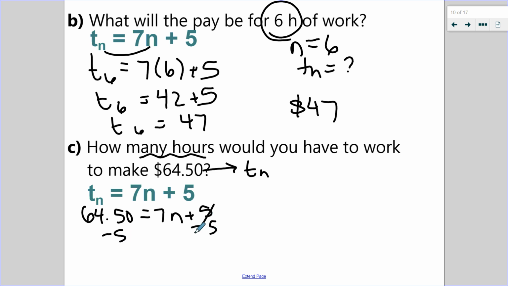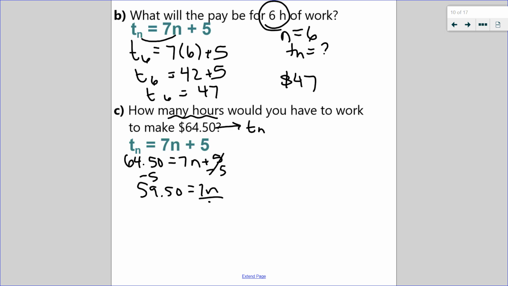And then I have 64.50 take away 5, that's 59.50 equals 7n. So I would just divide both sides by 7, and I would get 8.5 equals n. So that means I would have to work 8.5 hours to make $64.50. So once you have the formula, it's just a matter of substituting in the numbers and solving.